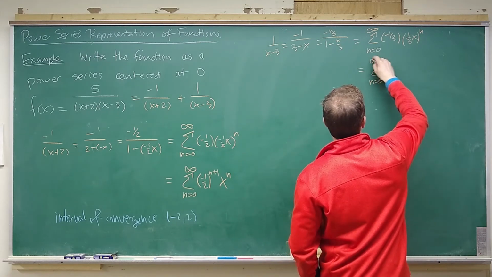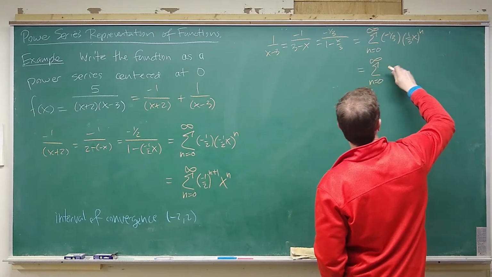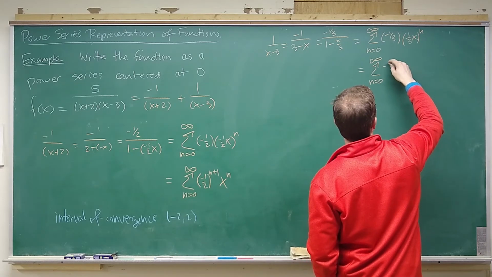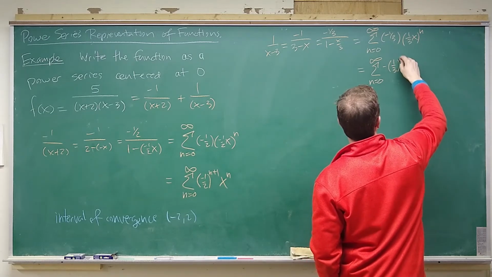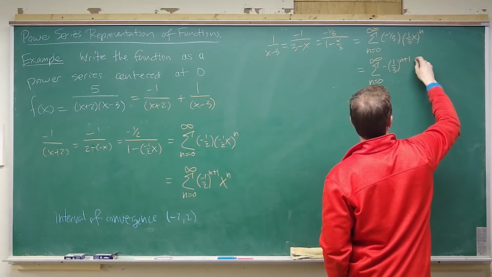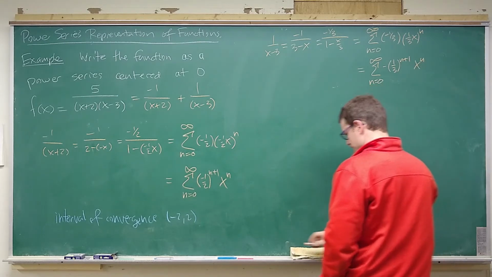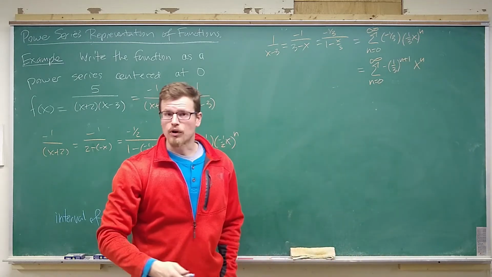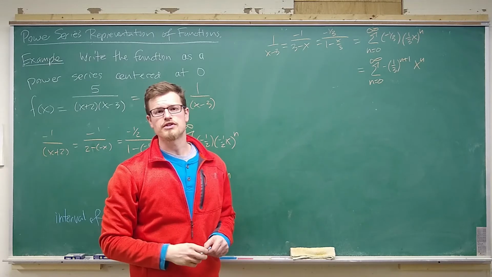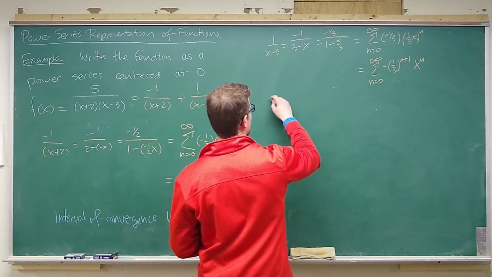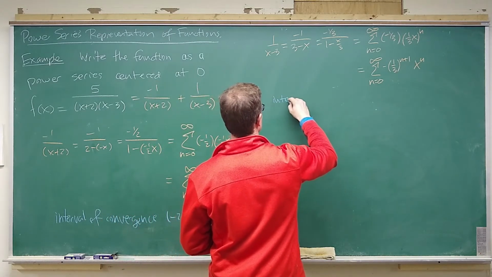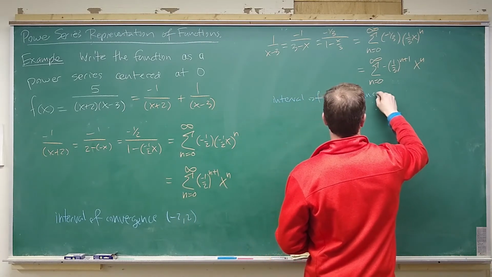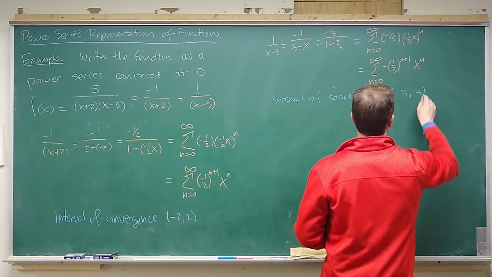So this is the sum from n equals 0 to infinity of, here I have 1 factor of 1/3, here I have n factors. So I've got negative times 1/3 to the n plus 1 times x to the n. And again, using this for our r value in the geometric series, we can observe that we have an interval of convergence from -3 to +3.